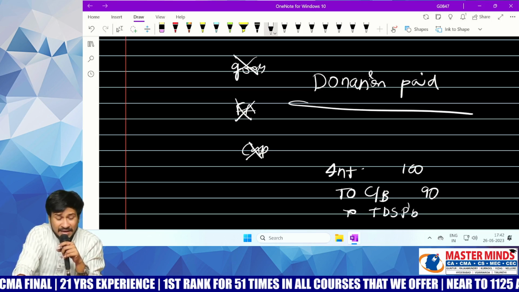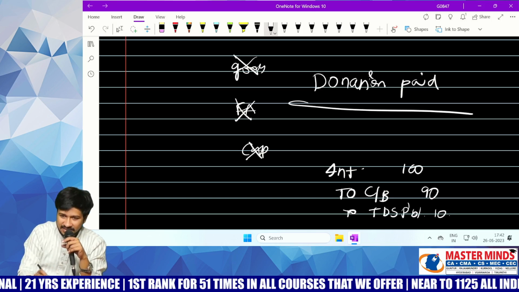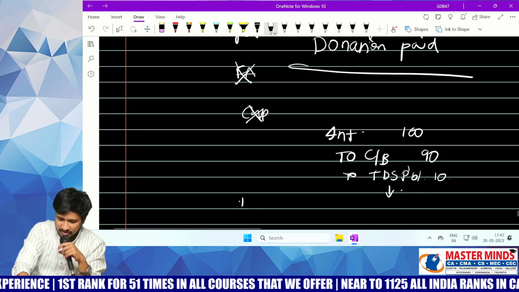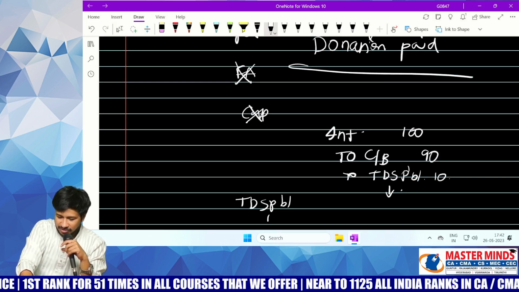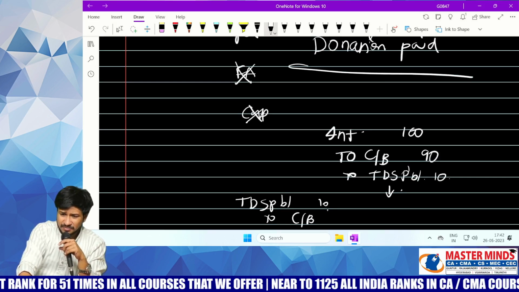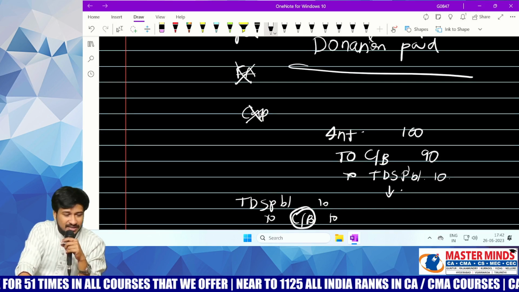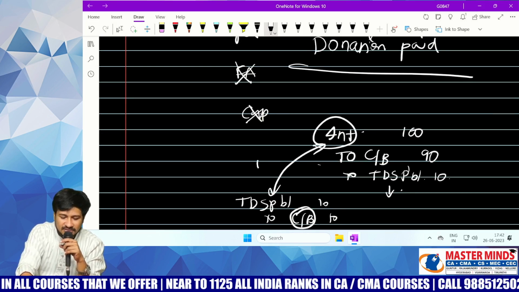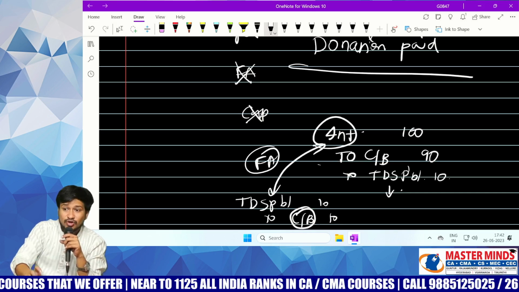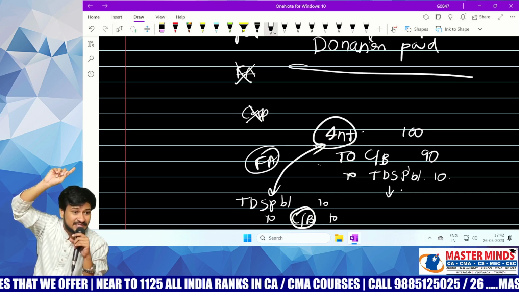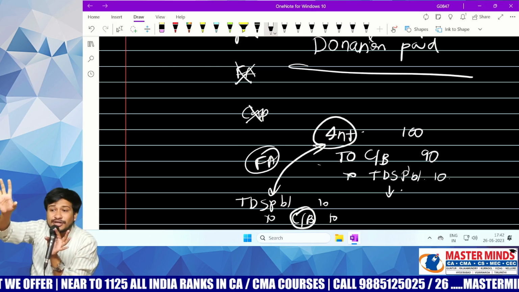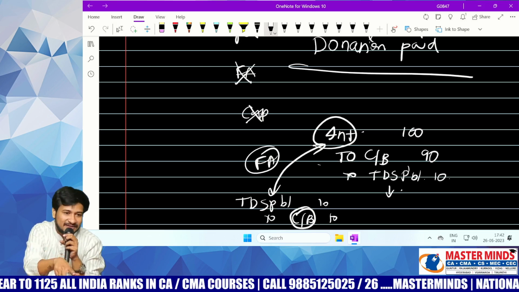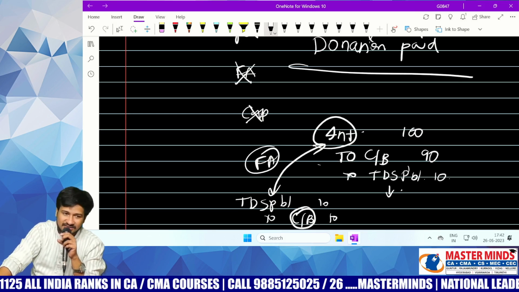TDS payable will become 10. Now you have to pay this to the government at any cost. So TDS payable account debit to cash or bank account 10. You are paying this exactly for the purpose of interest paid, and hence it is nothing but a financing activity. It is not similar to your TDS receivable, which you are not receiving in the form of cash, but here you have to pay. Otherwise you will be punished. That is what your tax act is telling.